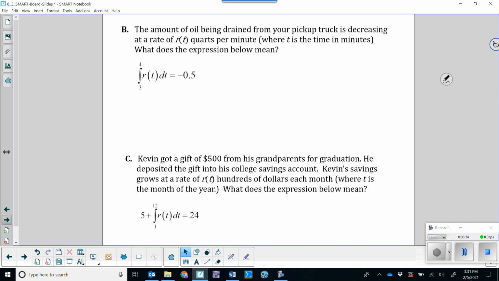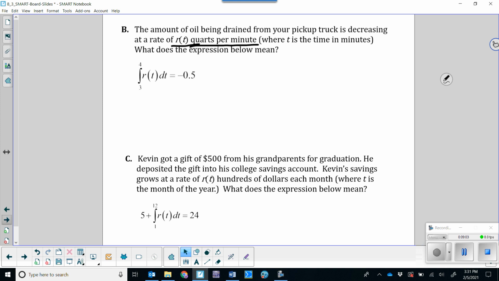All right, part B. So now we have oil drained from a pickup. It's decreasing at a rate of R(t) quarts per minute. Quarts per minute is what R(t) is in. Time t is in minutes. What does the expression below mean? So if I integrate from 3 to 4 of R(t), if I integrate quarts per minute, I'm going to get quarts.